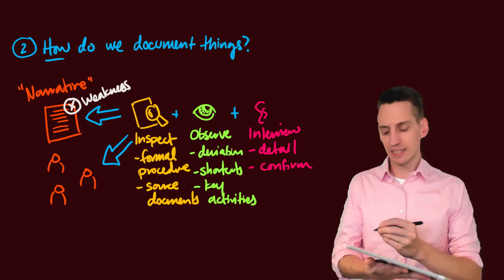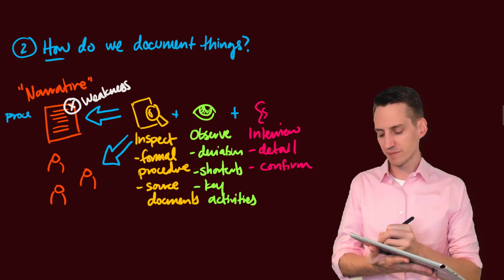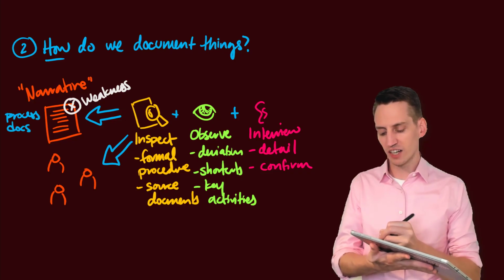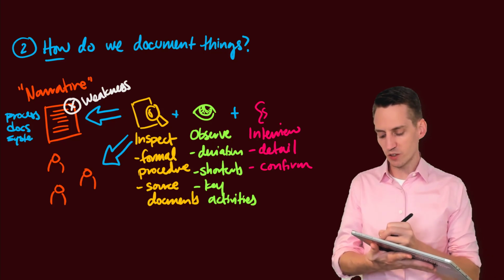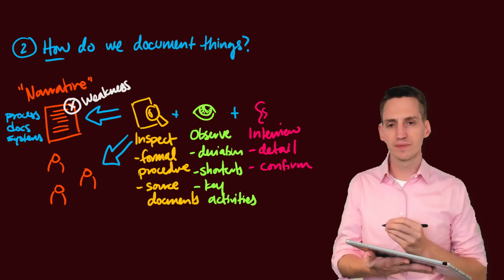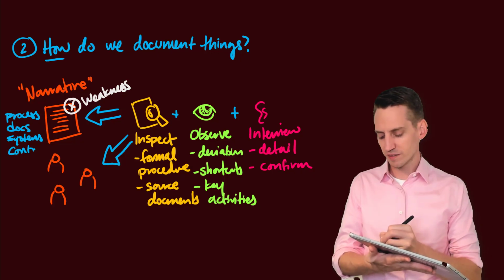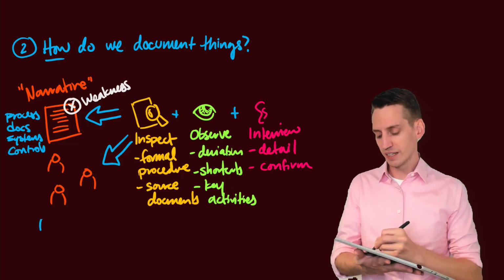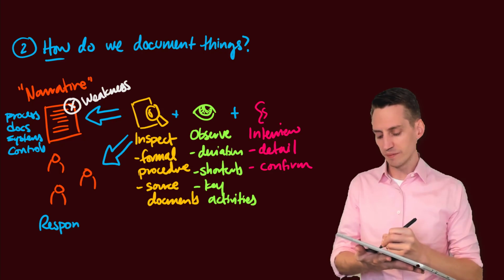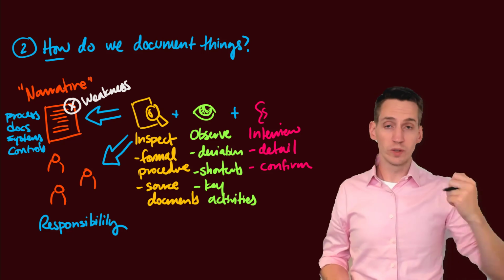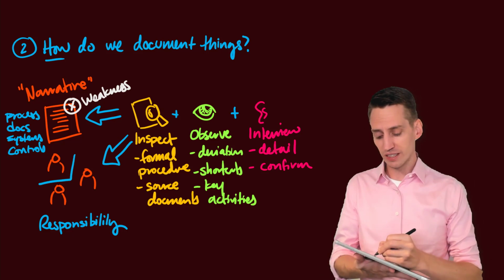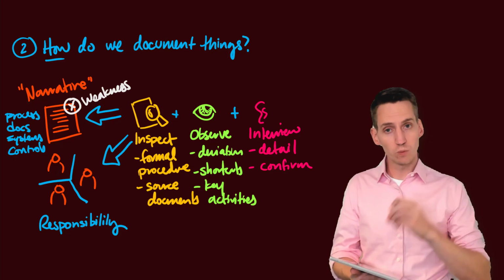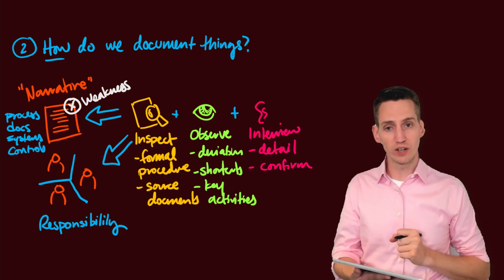So all of this tells us about the process, the different types of documents that people are going to be using, the systems that people interact with, the controls, and crucially, the responsibility of each employee. For example, when we talked about internal controls, we mentioned this idea of segregation of duties, having different employees participate in different parts of a single transaction.